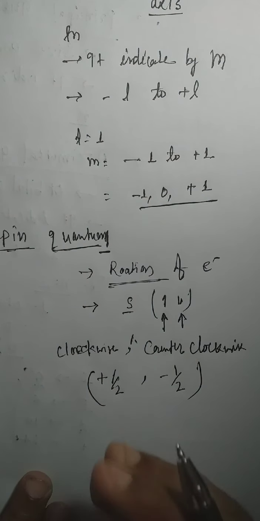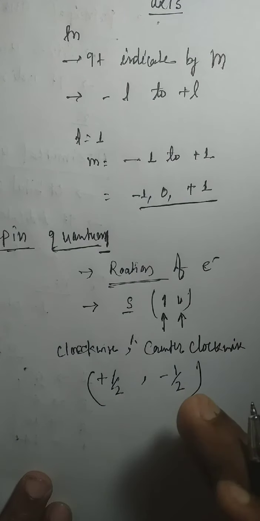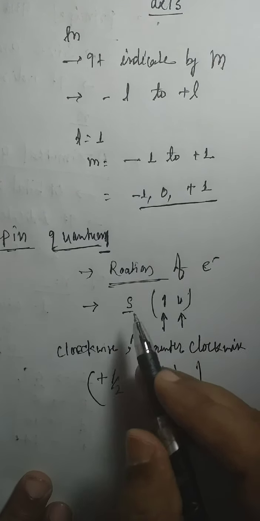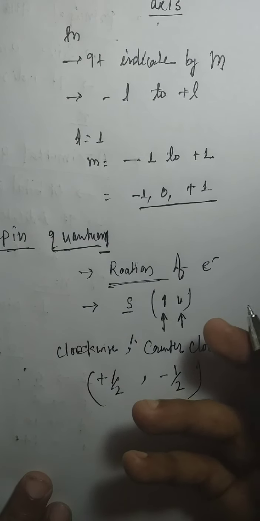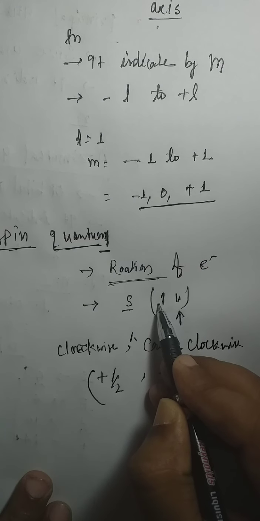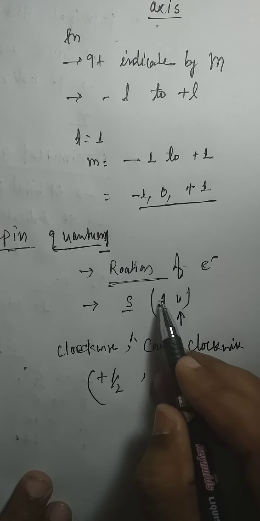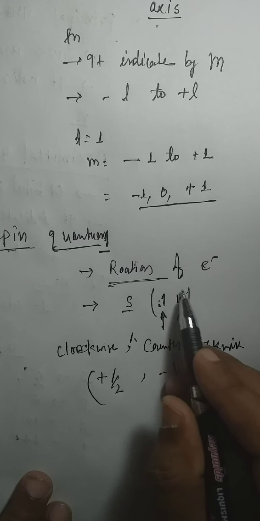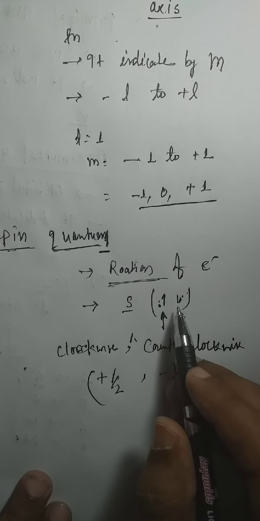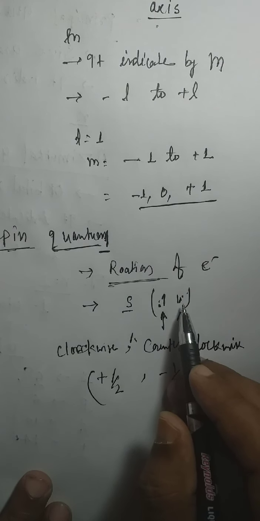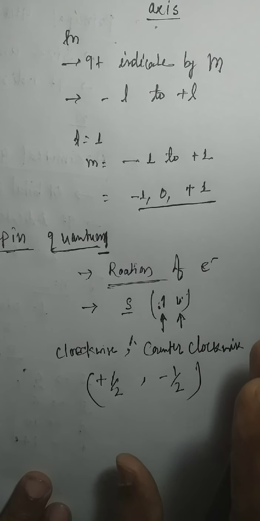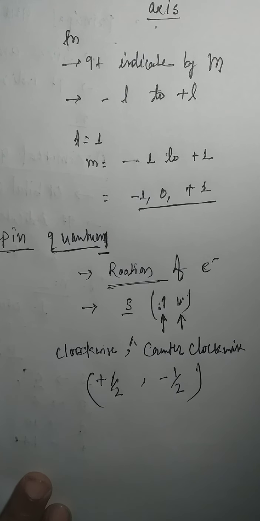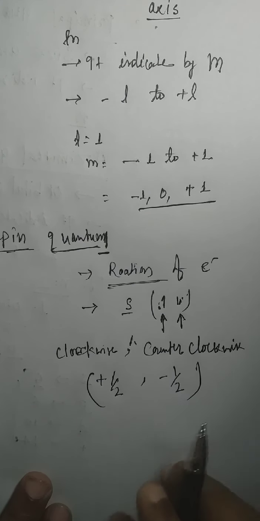If we take one as positive, the other automatically becomes negative. If you assume this is the right direction, you may write plus half, or you may write minus half. It is just our assumption. One rotation is clockwise, another is anti-clockwise. So just take the rotating idea with the value.